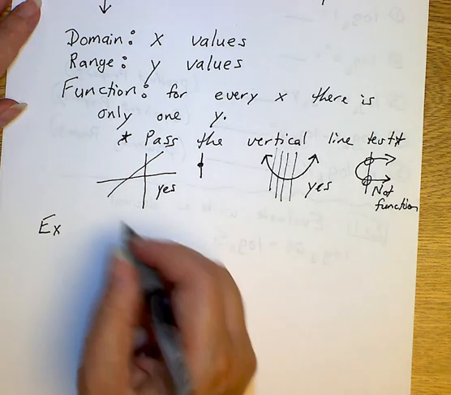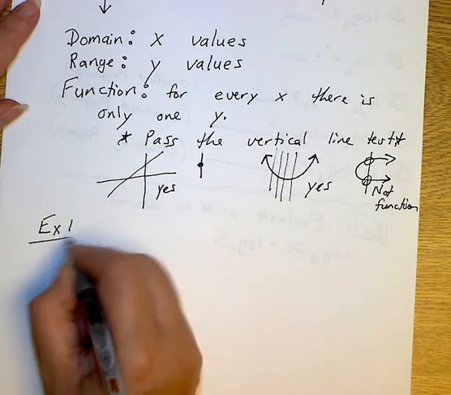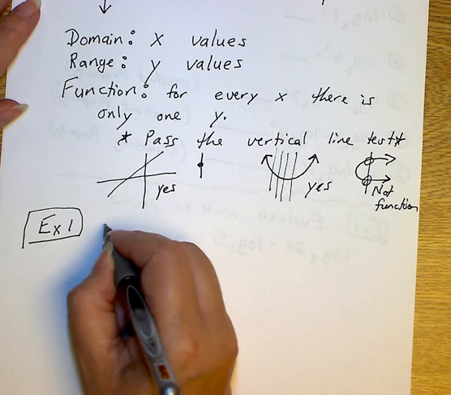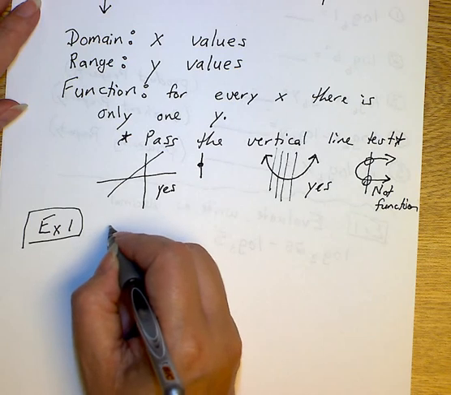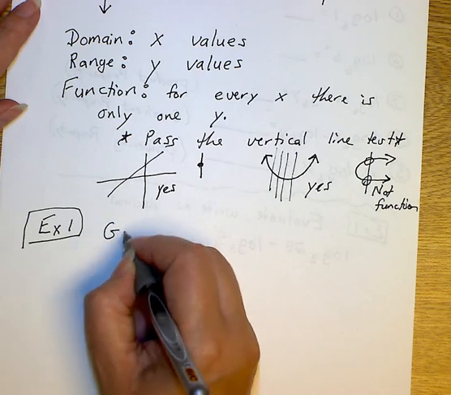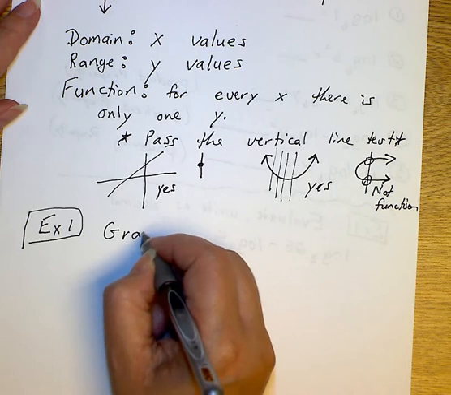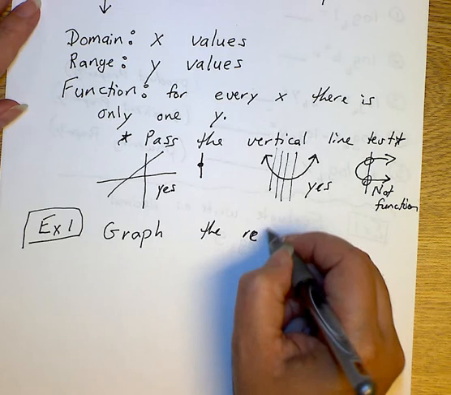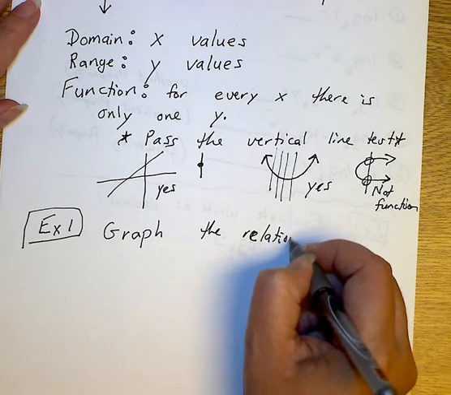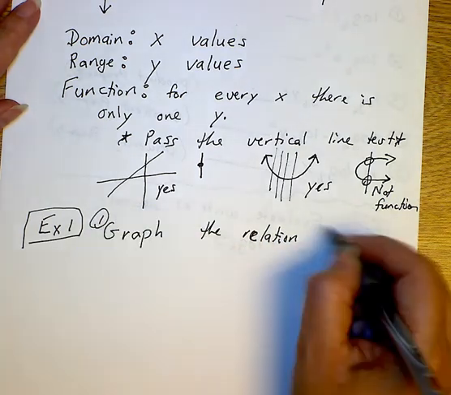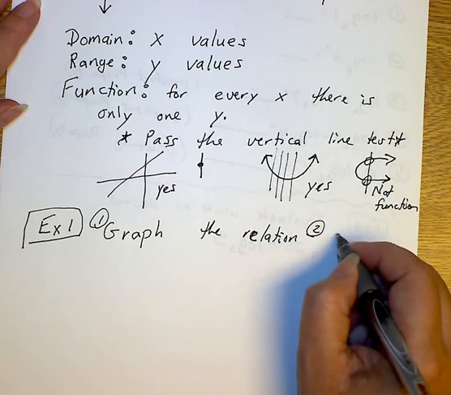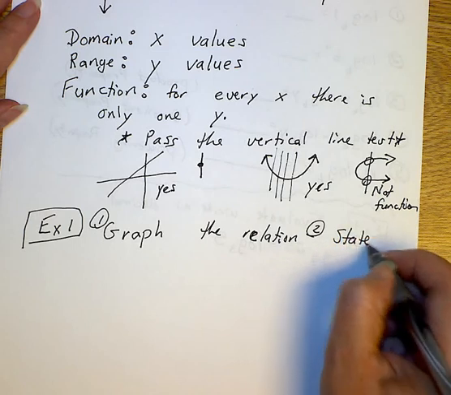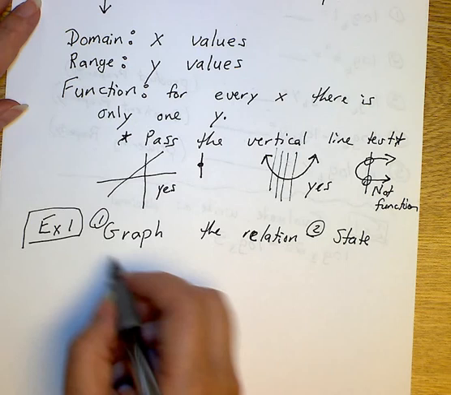Alright, example 1. On each one of these, we're graphing the relation. We are going to state the domain and range.